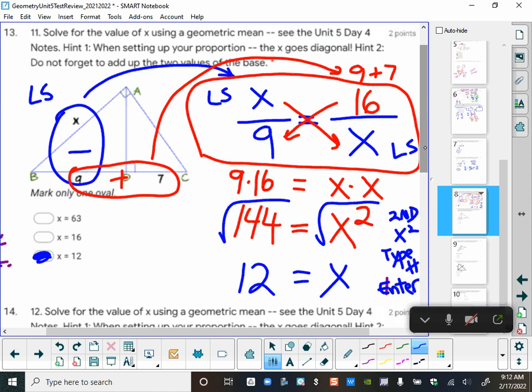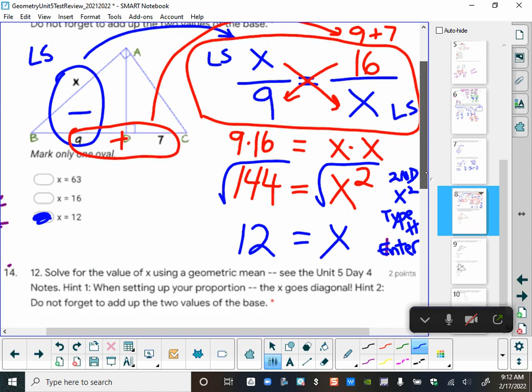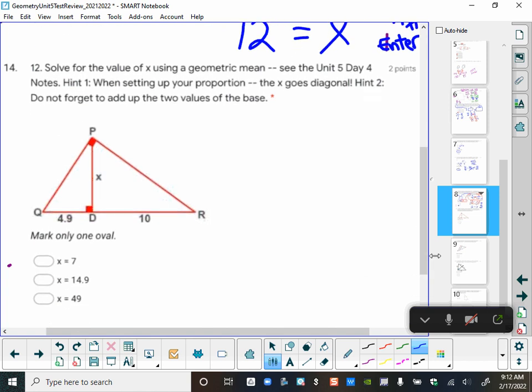All right. Here we go. 12. Now, unlike 11, anybody remember what that line in the middle of the triangle was called?